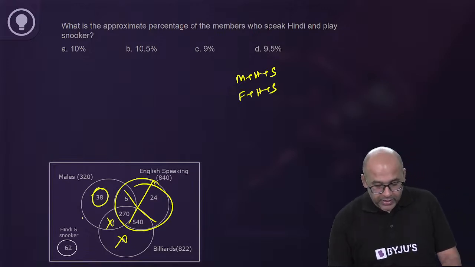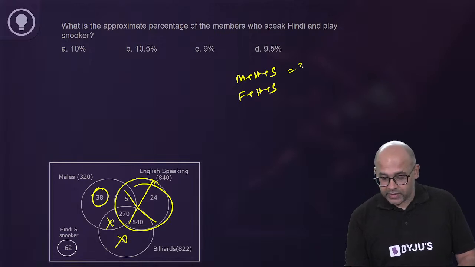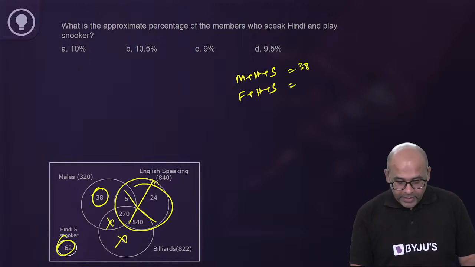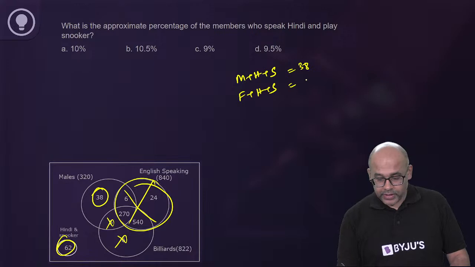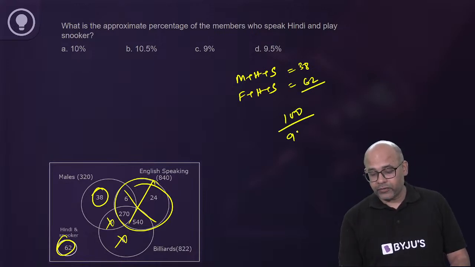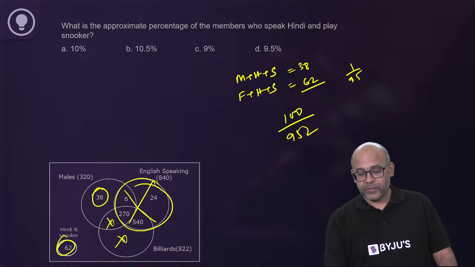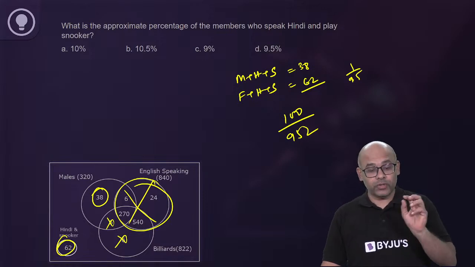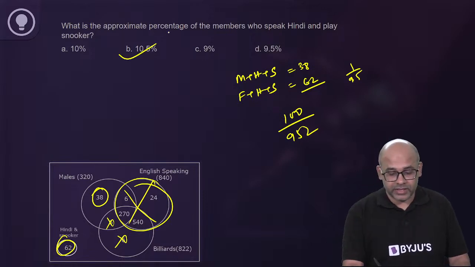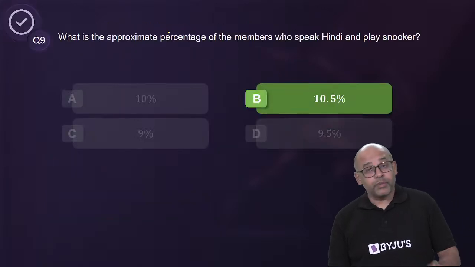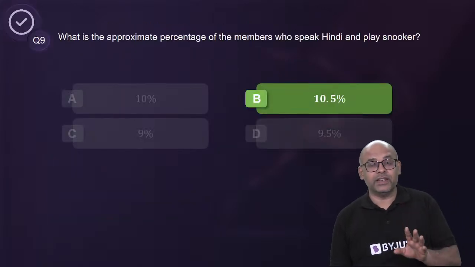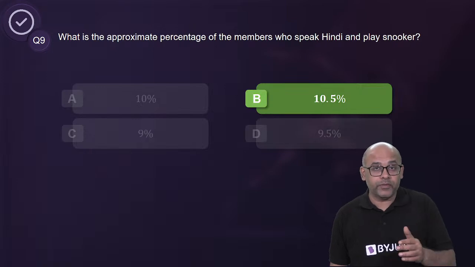Male Hindi snooker is 38 and female Hindi snooker is 62, so that is 100 out of 952. So how much is this? 1 by 9.5. 1 by 10 is 10%, so this should be slightly more than 10%, about 10.5. Please don't sit and calculate unnecessarily.